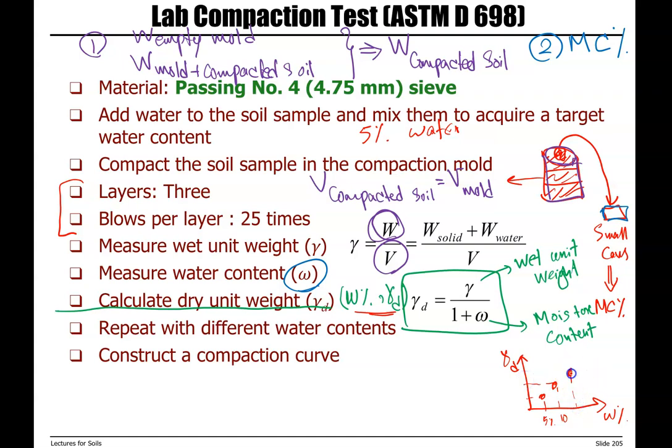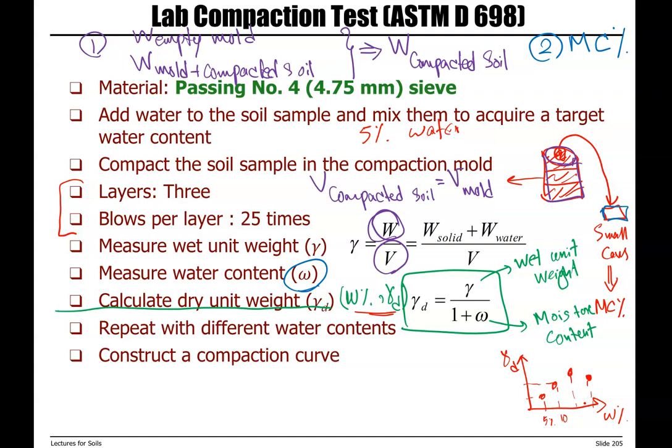So we need to repeat this test until we see that dry unit weight, at the beginning, keeps going up. At a certain moisture content, when we add too much water to our soil, it starts going down. That is when we stop.